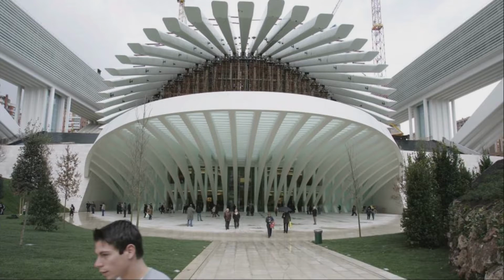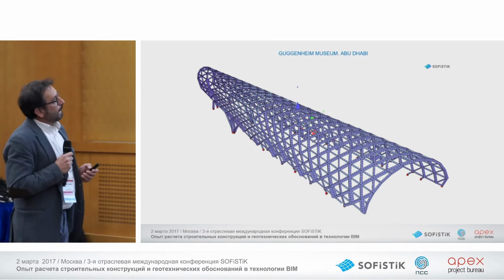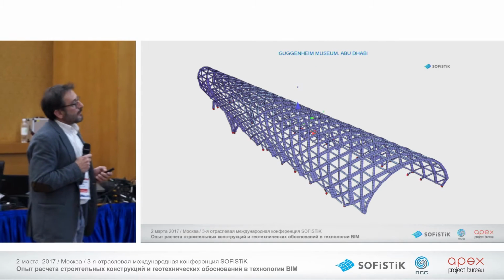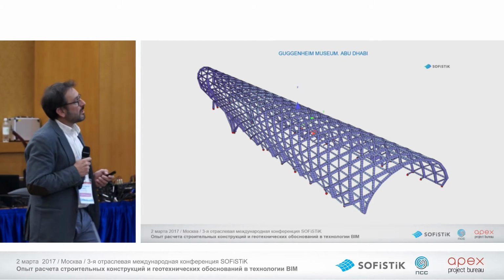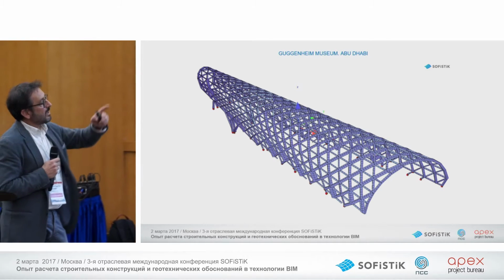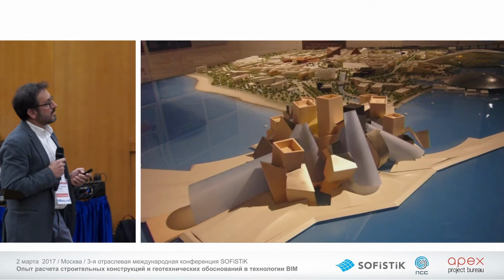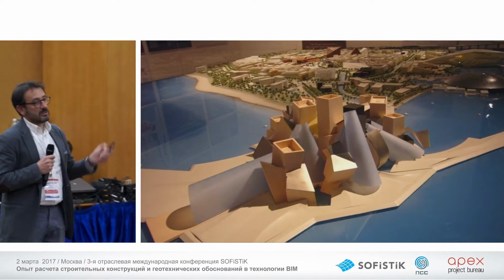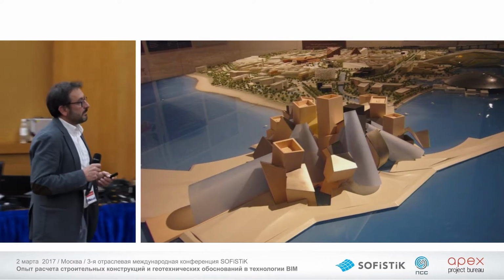There is an elevated building. It's part of the ensemble. We have participated also in the Guggenheim, Abu Dhabi Guggenheim Museum. This is a part of the full structure, and this is another part of the structure, and this is the final image of the structure. We participated here in the tender part.